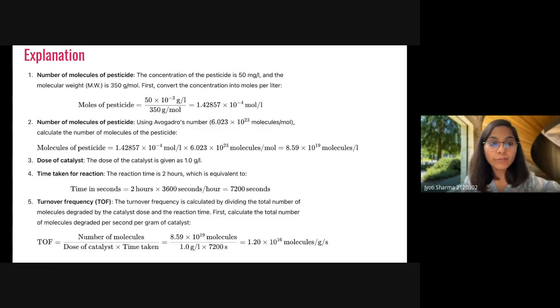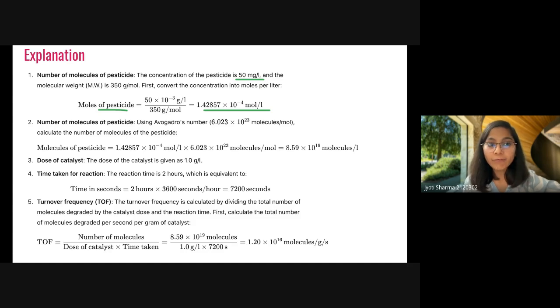If we need to calculate the moles of the pesticide, the concentration is given, that is 50 mg per liter. If we divide that concentration by the molecular weight, which is also given, that gives you the number of moles. So the moles of pesticide is the concentration divided by the molar mass.